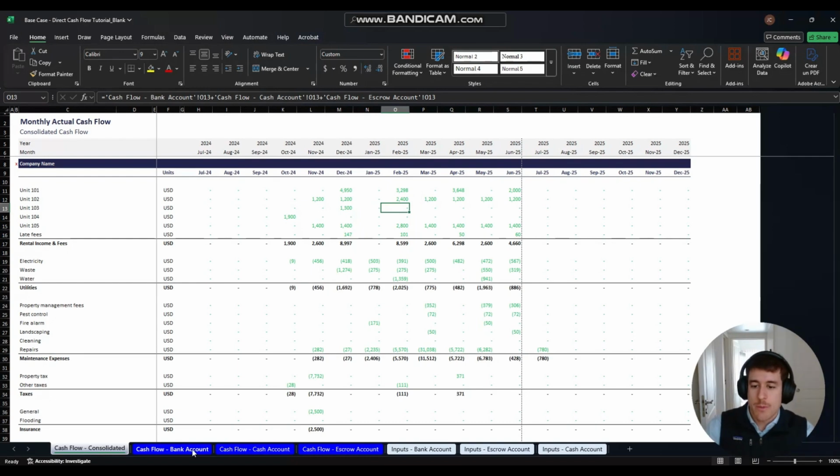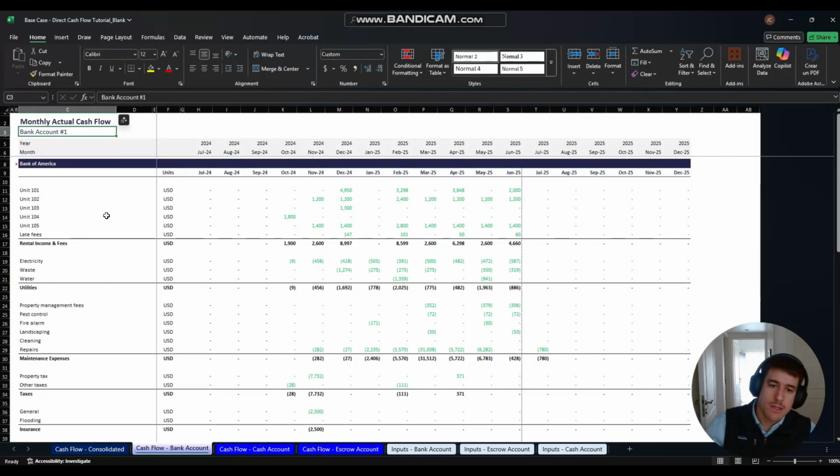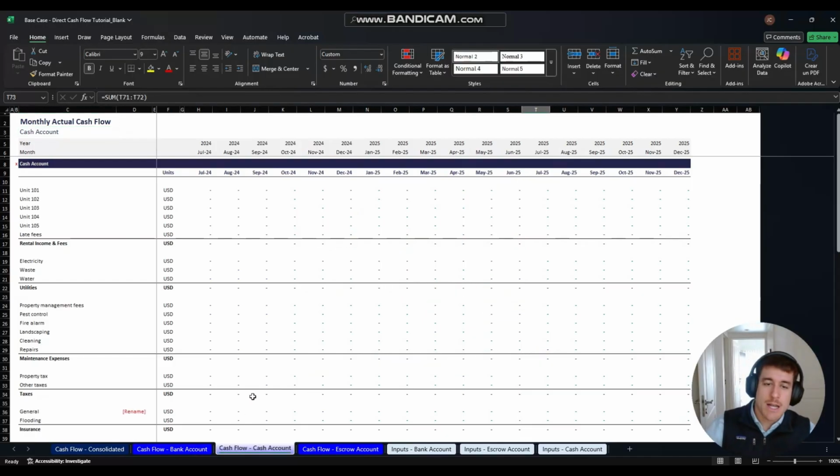In this case, this company has three bank accounts. It has bank account number one, which is a Bank of America bank account that it uses to collect rent and to pay operational expenses. It has a second bank account that is more corporate related.